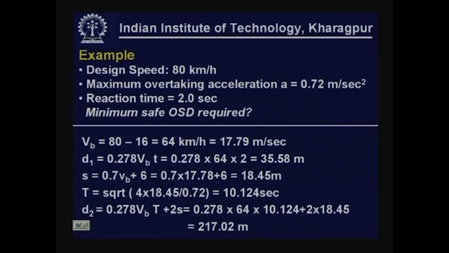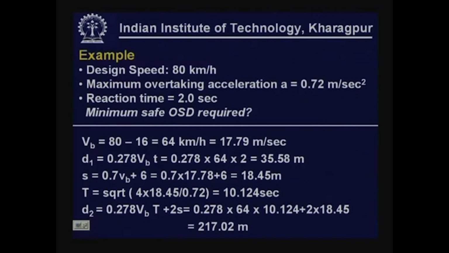One can also calculate the spacing between two vehicles with the help of the empirical formula 0.7 Vb plus 6. So, 0.7 into 17.78 or 79 meter plus 6 meter. Then once the s is known, acceleration is known, therefore, the T value can be calculated as square root of 4 into s by a.